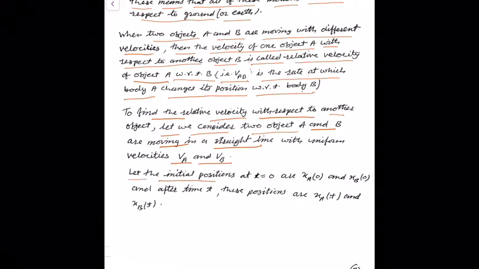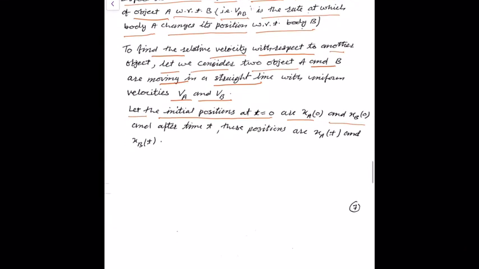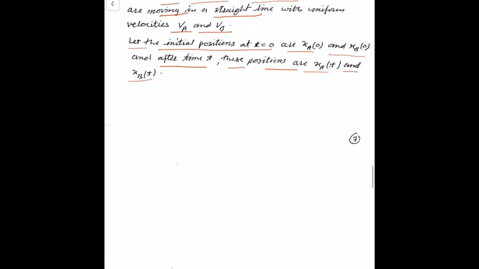Let the initial positions at t equal to 0 be xA0 and xB0, and after time t these positions are xAt and xBt.